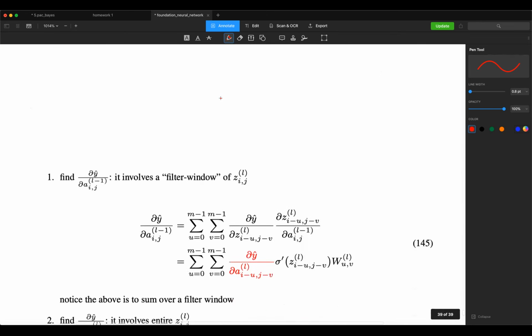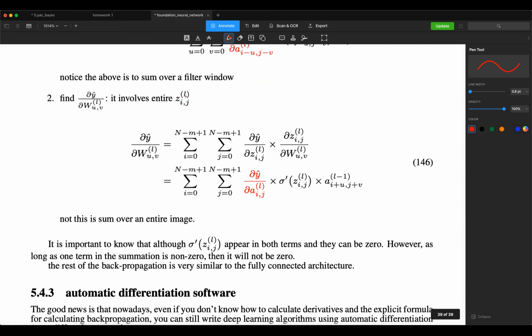When you are doing convolution, your gradient is a summation of all these values, which is the size of an image. So when this is ReLU, and that might be 0, only one term is 0. You have a summation of lots of terms in it. And as long as one of the terms is not 0, you're going to have a gradient.